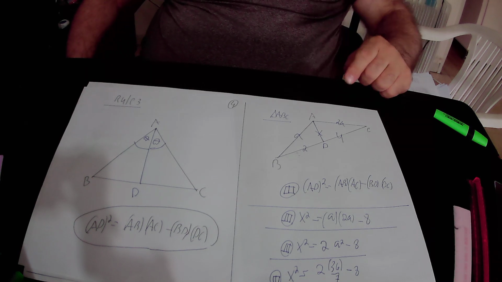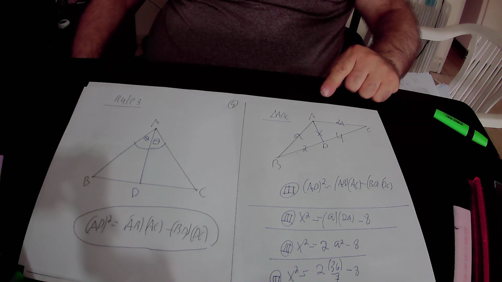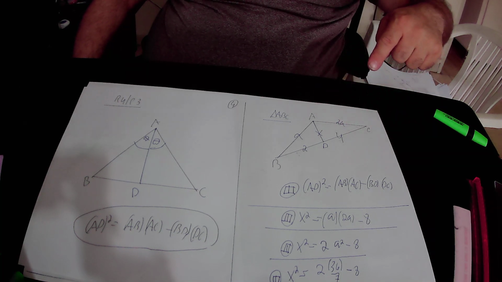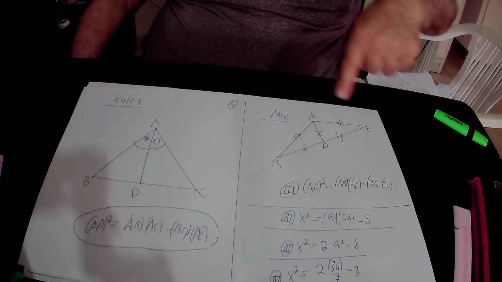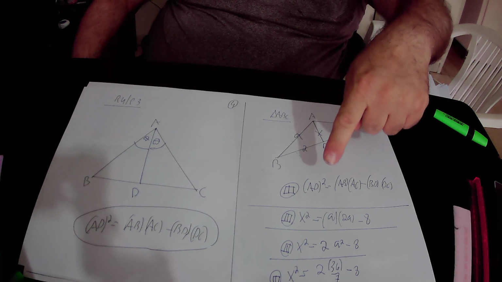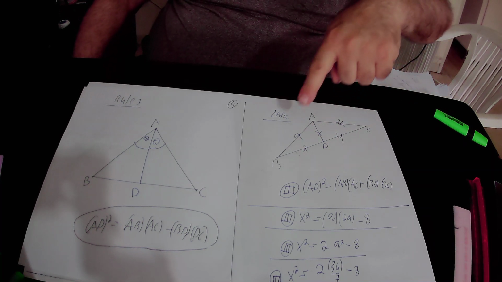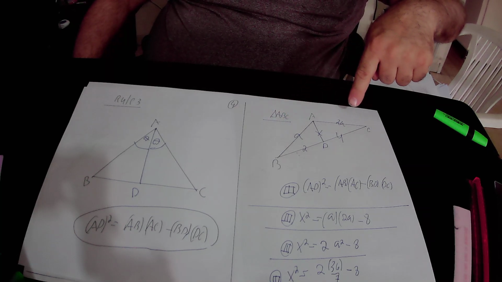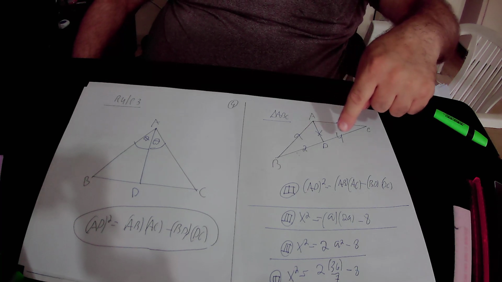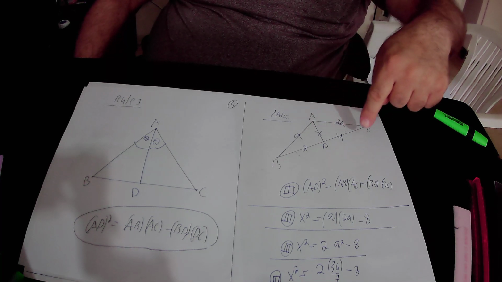So according to rule number 3, we get that in triangle ABC, AD square equals AB times AC minus BD times DC. AD equals X, so AD square is X square. AB equals A, and AC equals 2A, so it is A times 2A, minus BD times DC, which is 2 times 4.